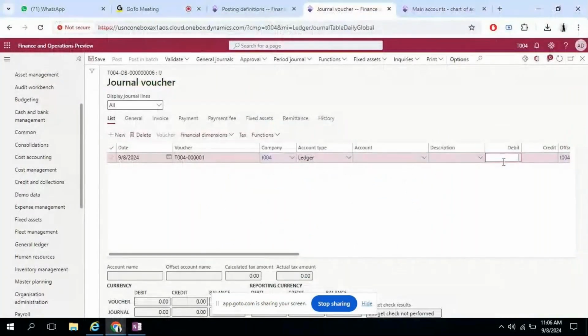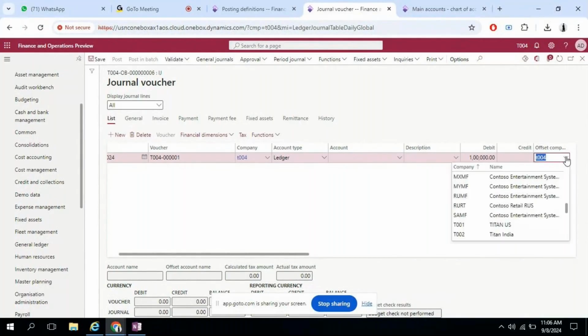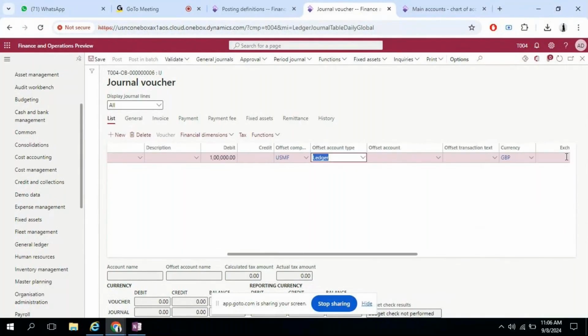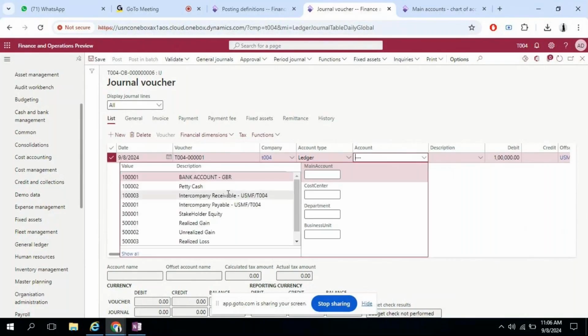So I will mark the T004 as debit with 1000 USD, and then from where it is coming. So offset entity, you will type USMF. Okay, after that you will type the ledger account, in which ledger account you want to take it up. So for T004 it is a receivable.